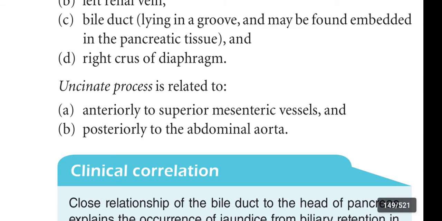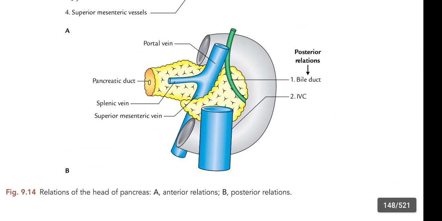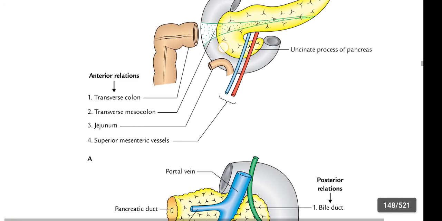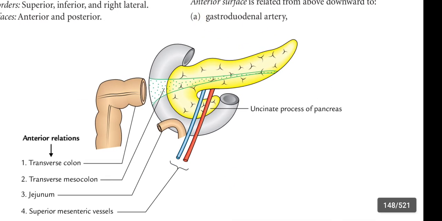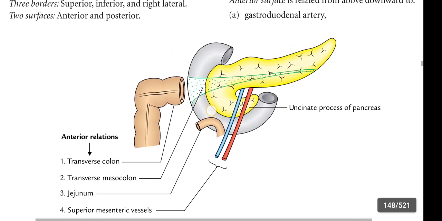The uncinate process is related anteriorly to the superior mesenteric vessels and posteriorly to the abdominal aorta. See, guys, this diagram is the anterior surface of the pancreas.